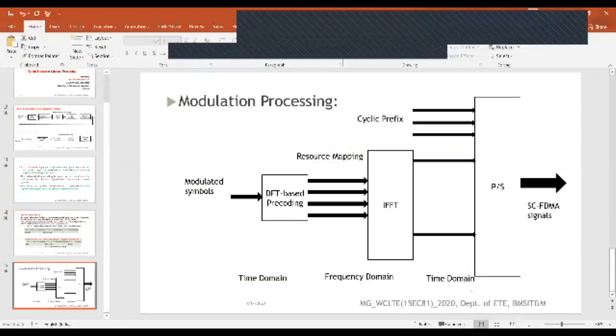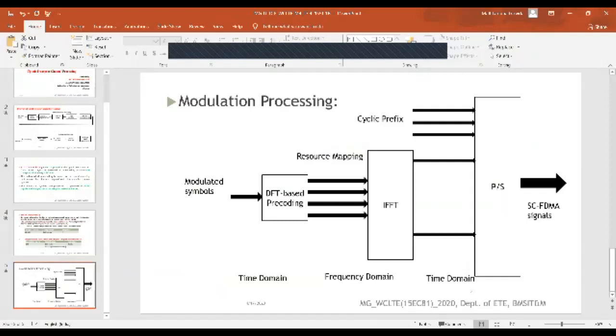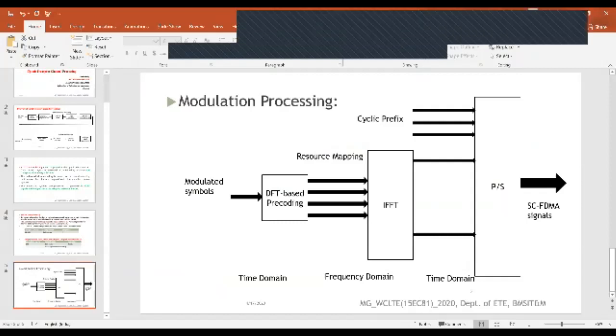So I will be talking about how the SCFDMA signals are generated. After bit to symbol mapping, the modulated symbols are applied as input to the DFT based pre-coding, that is discrete Fourier transform based pre-coding. The output of this will be applied to the IFFT. Here the data is in the time domain, we convert that into the frequency domain, right?